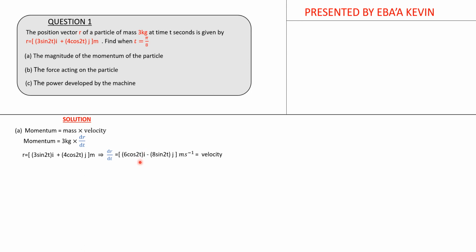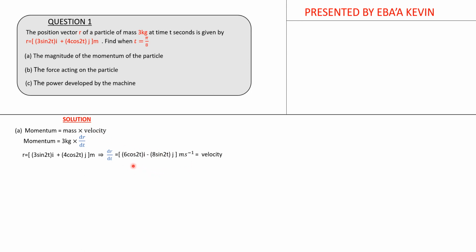That is the process on how you have to differentiate such questions. Doing the same process for 4 cos 2t, knowing that once you differentiate a cos function you have minus sine, you are going to obtain negative 8 sin 2t j, in meters per second, which is the SI unit of the velocity.